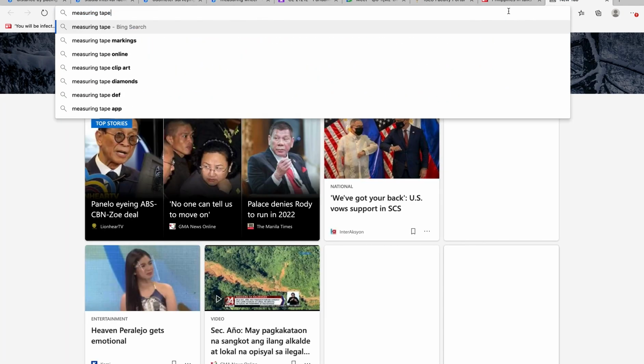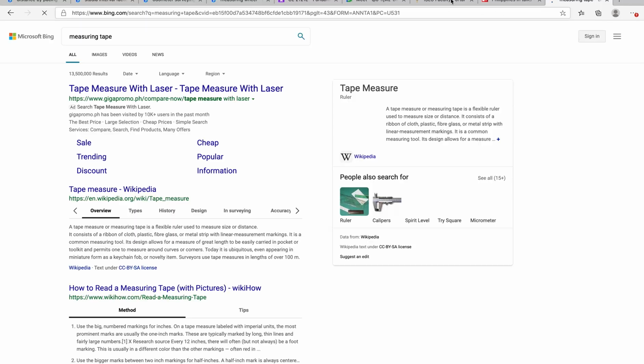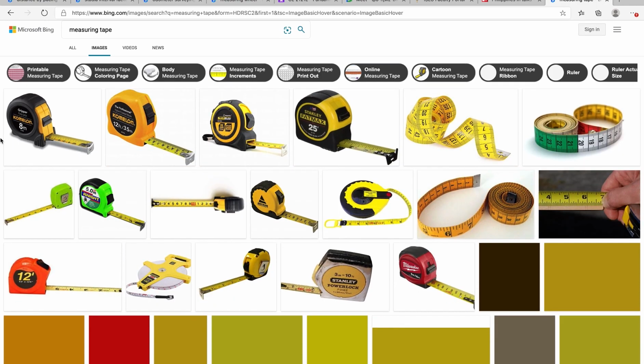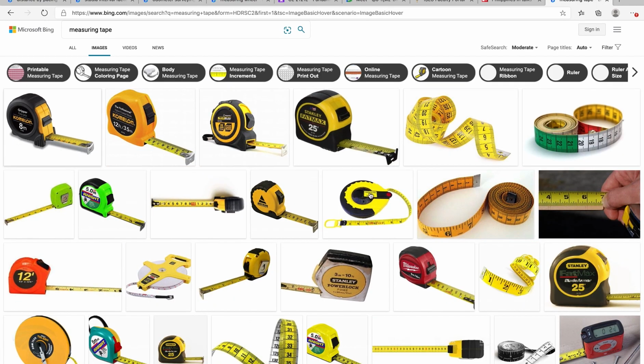So this is how it looks if you are not familiar with it. This measuring device is what we use in the field, but for construction purposes, for easy handling, this is what we use.